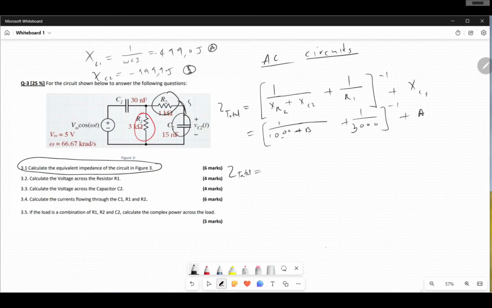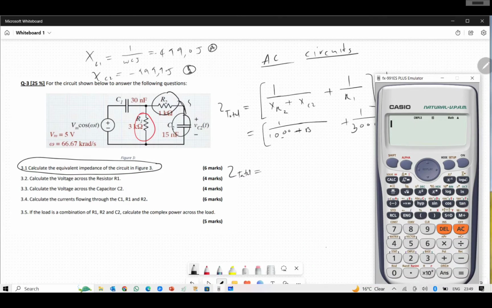With that being said, I can bring my calculator again. I have all my numbers.